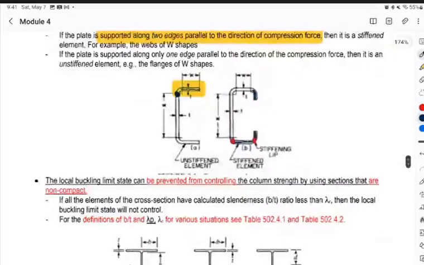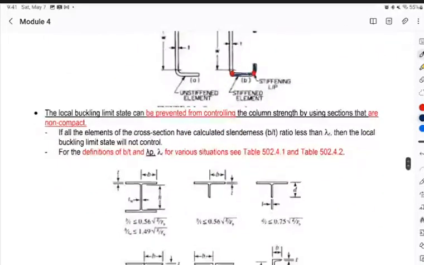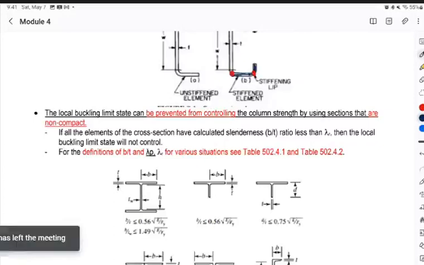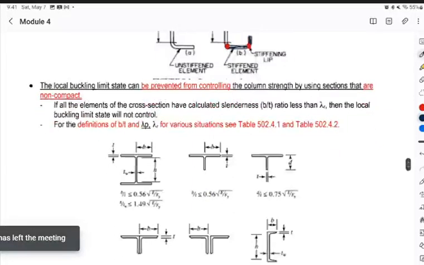Okay. So, the local buckling limit state can be prevented from controlling the column strength by using sections that are non-slender. If all the elements of the cross-section have calculated slenderness ratio b/t less than lambda r, then the local buckling limit state will not control.